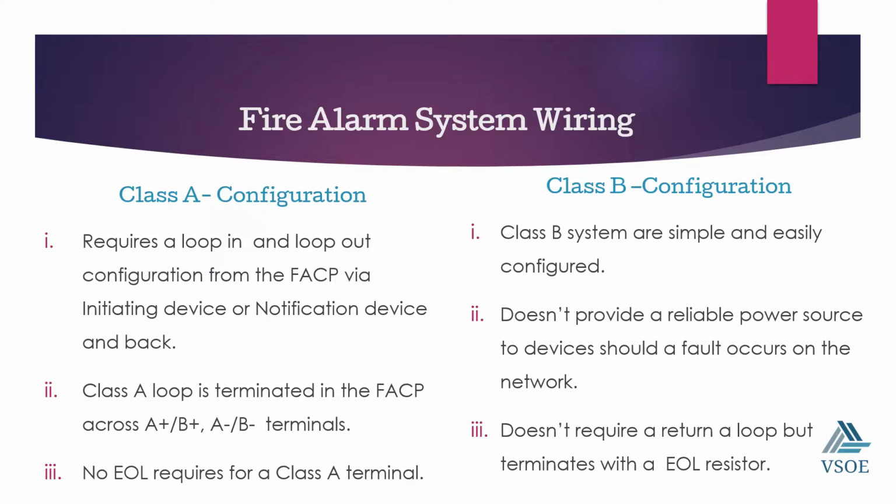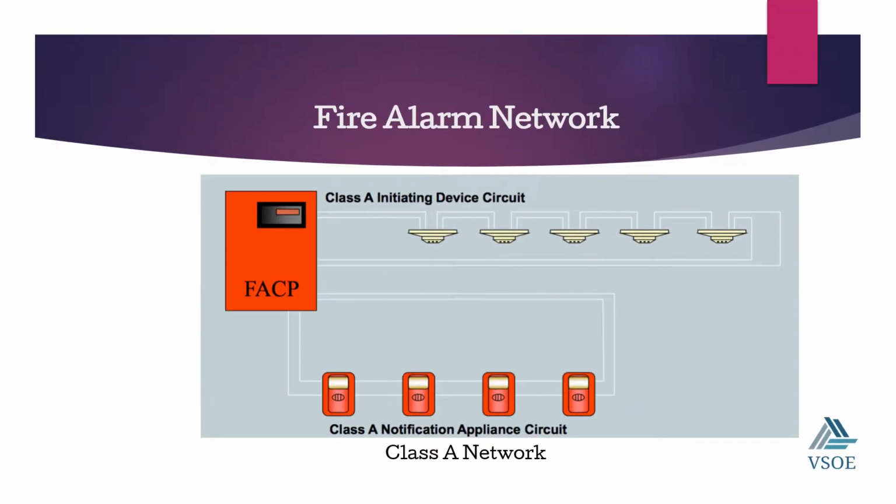All right, and the Class B configuration doesn't require a return loop, but it has to be terminated with an EOL resistor, right? The fire alarm system is such that it has to be closed in order to ascertain that there's been no tampering on the circuit, right?